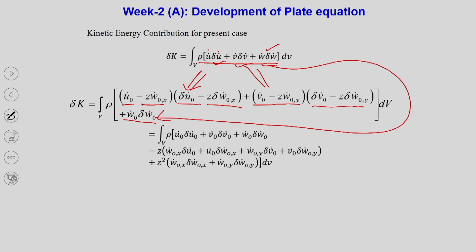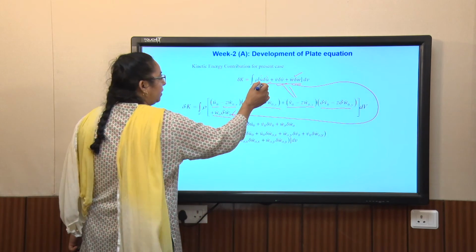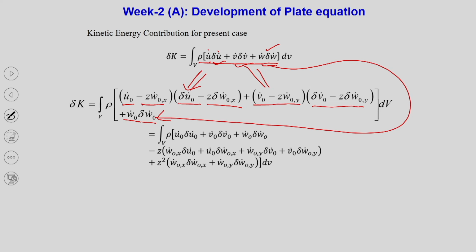Suppose you have a third order theory, maybe some more terms are required. If you have some other theory, maybe some different kind of combinations may be there, but the process remains the same, that whatever assumption you have, you have to put it here. Now, next you open the brackets, first you multiply this to this.